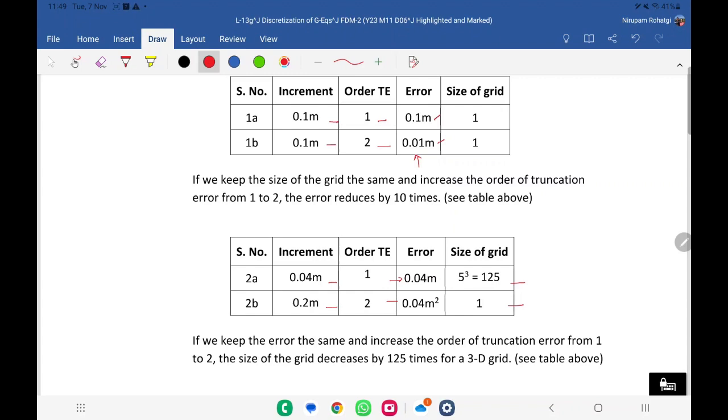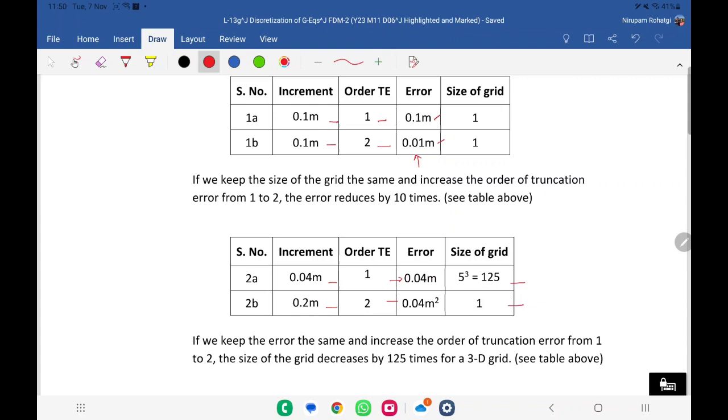So there are two ways by which you can keep the error the same. Either you increase the number of cells, reduce the size of the cell, and reduce the truncation error, or you go to a higher order of formulation.